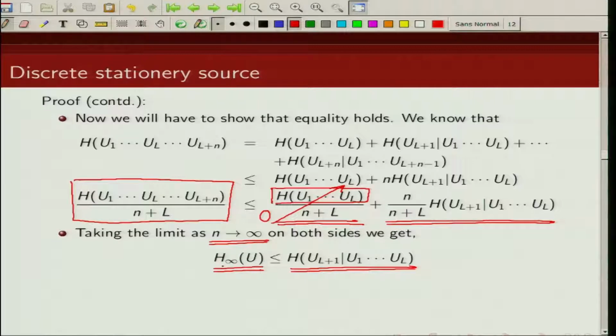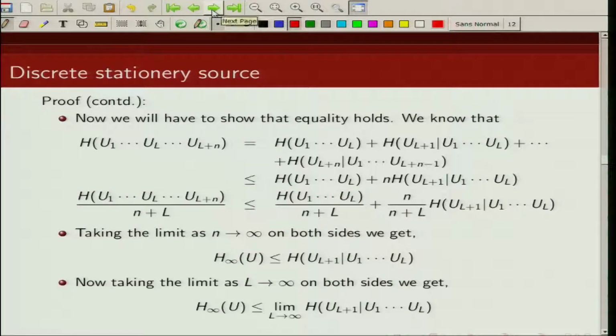So we have shown the entropy rate is less than or equal to uncertainty in UL plus 1 given U1, U2, ..., UL. Now we let L go to infinity. So if we let L go to infinity, then basically what we have shown is this entropy rate is less than or equal to the limit as L tends to infinity of H of UL plus 1 given U1, U2, U3, ..., UL.